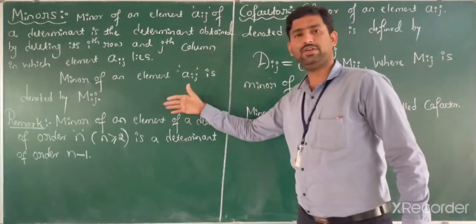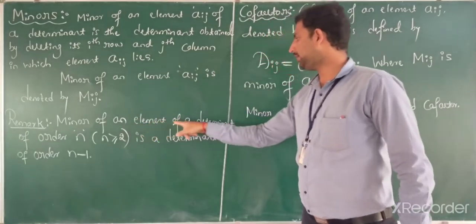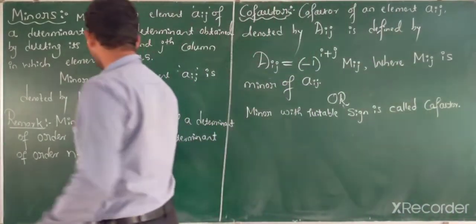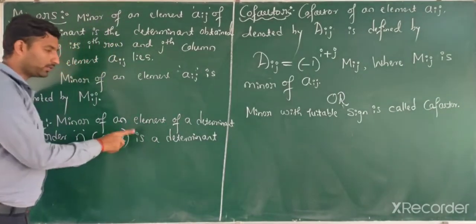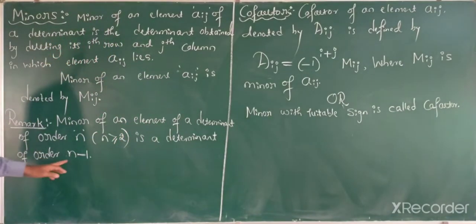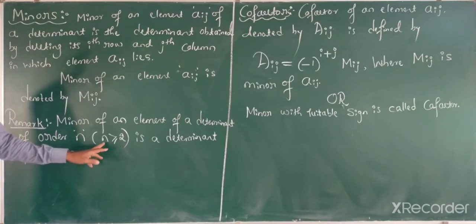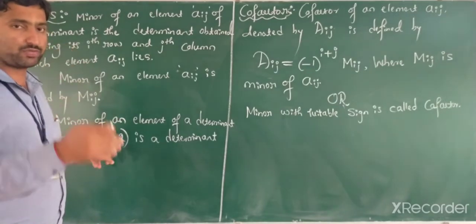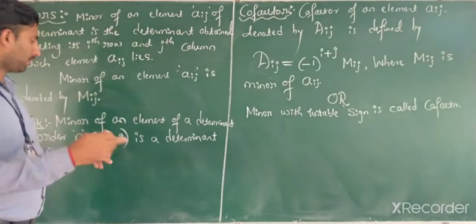Then this remark is very important. Minor of an element of a determinant of order n, where n is greater than or equal to 2, is a determinant of order n minus 1. Determinants depend upon square matrices, whether 1 cross 1, 2 cross 2, or 3 cross 3.